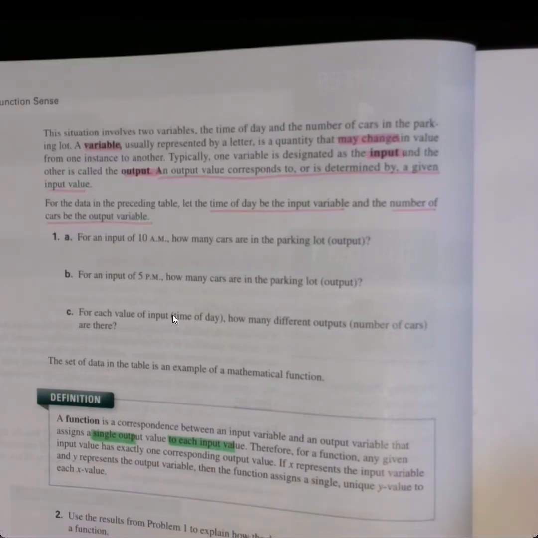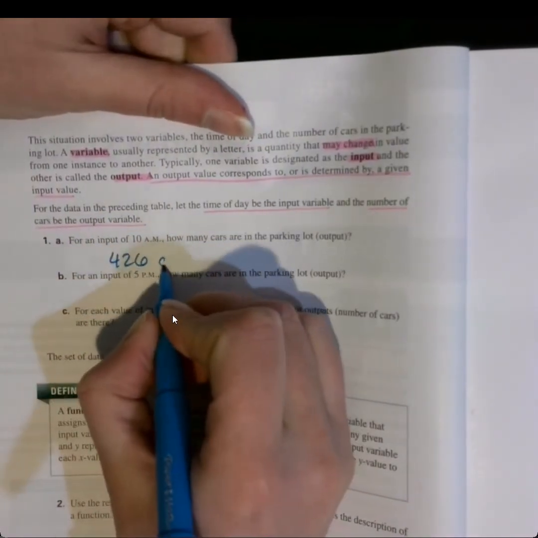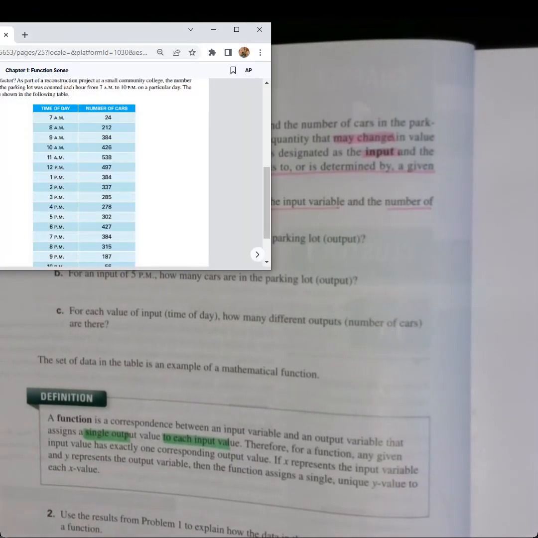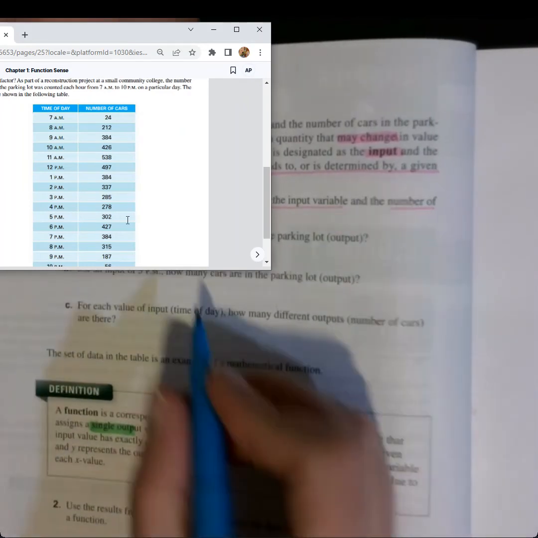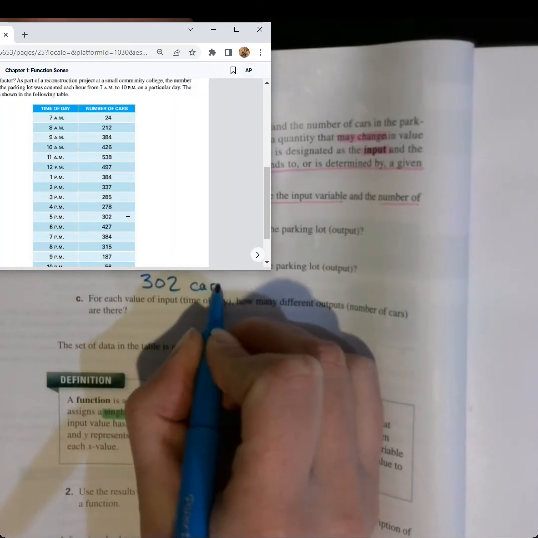So I will write that in. For an input of 10 a.m., there were 426 cars. And for an input of 5 p.m., there were 302, as you can see here, 302 cars in the parking lot.